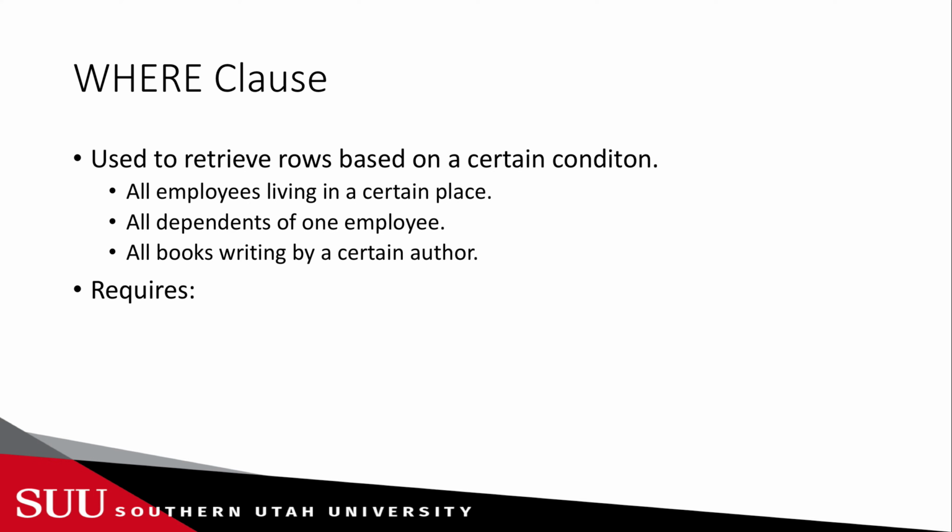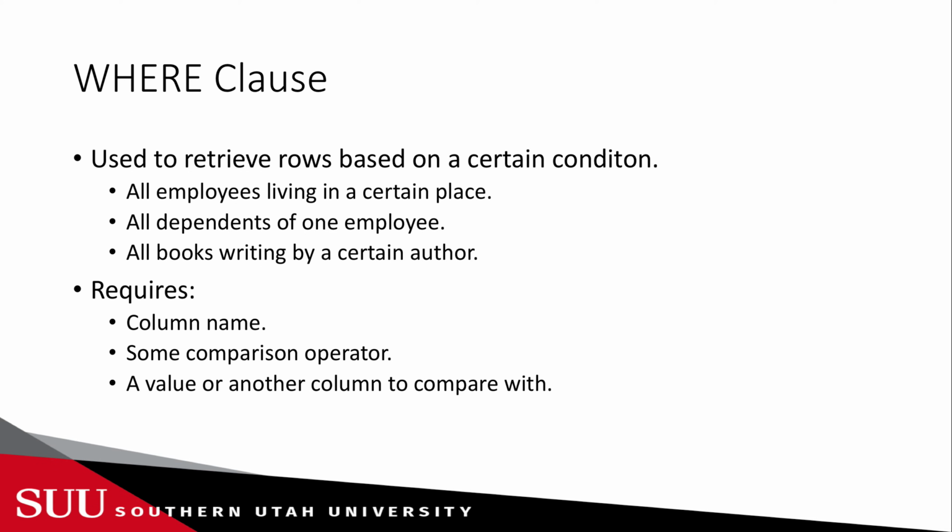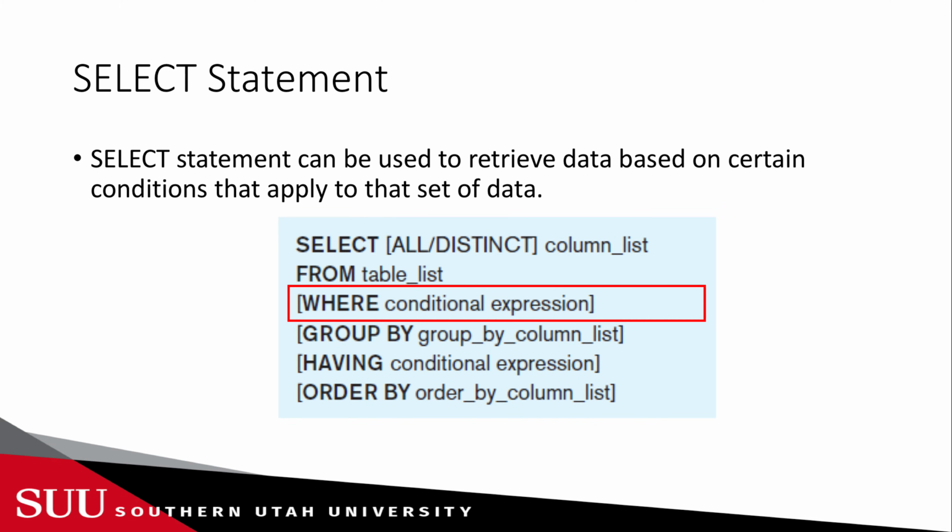We will require a column name and some kind of operator to compare, and a value or another column to compare to. So you'll need to compare two things for your filtration. And then those two things can be a column and a value, or a column and another column.